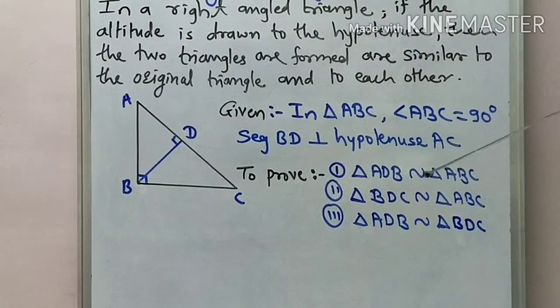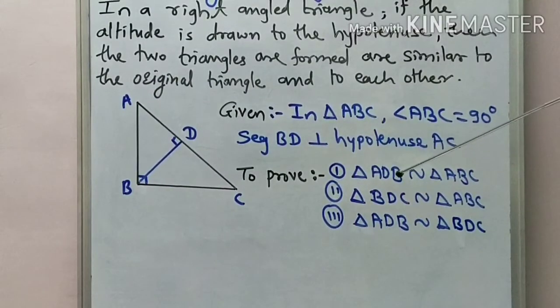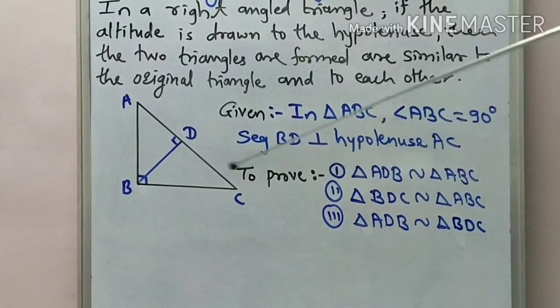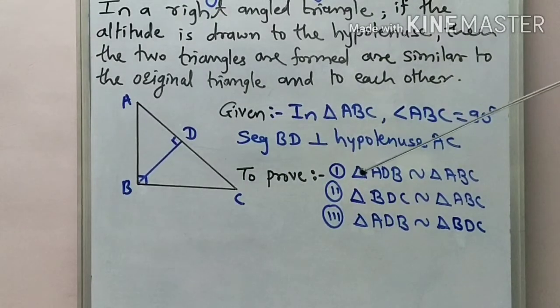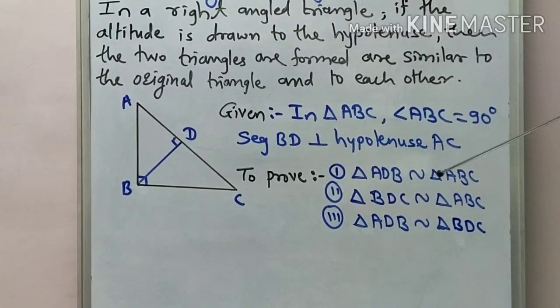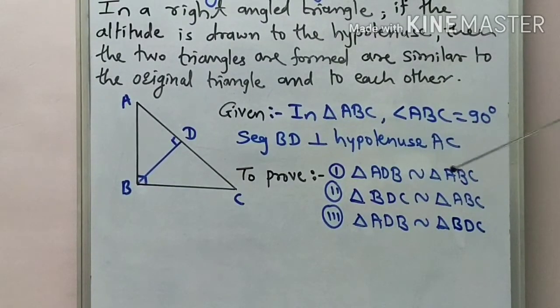Then we can say by the AA test that the two triangles are similar. So here also we do the same. In triangle ADB and in triangle ABC, we show that two pairs of corresponding angles are congruent. Okay, so pay attention over here.